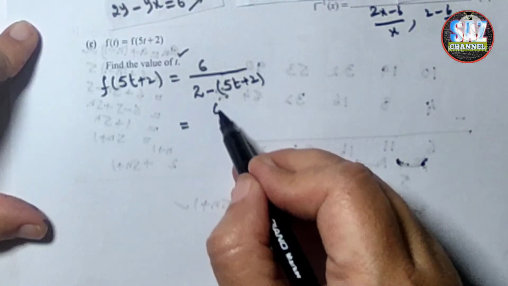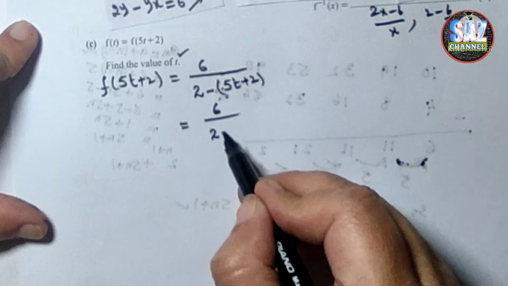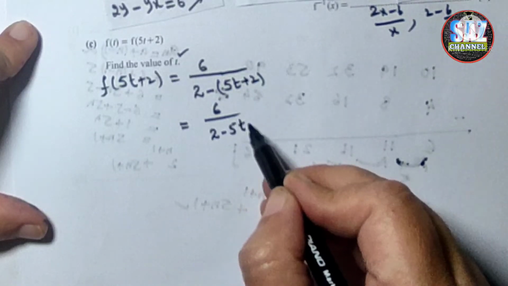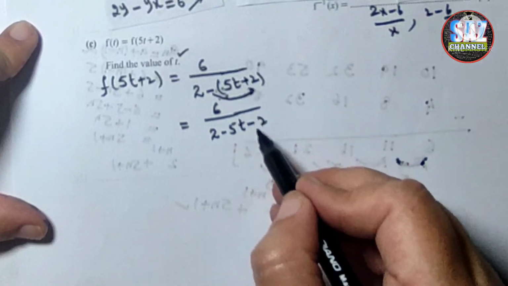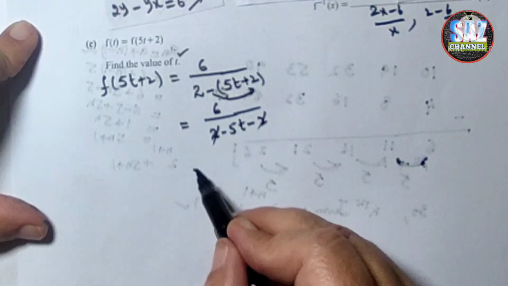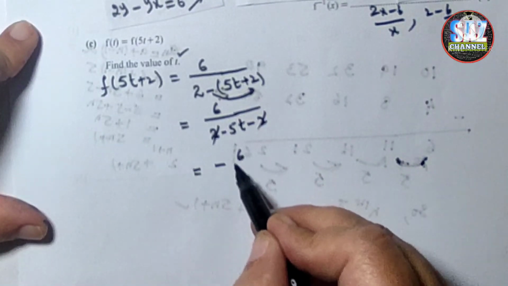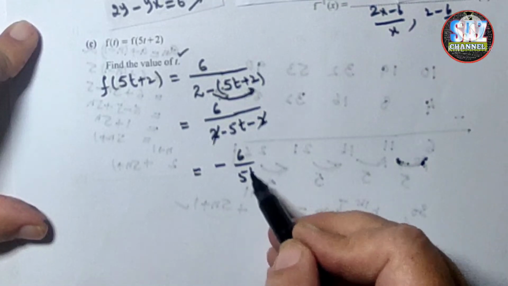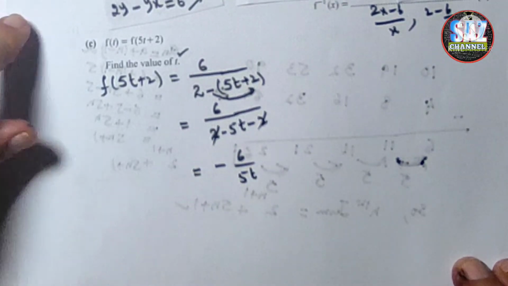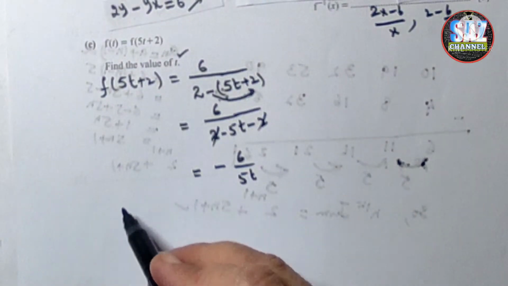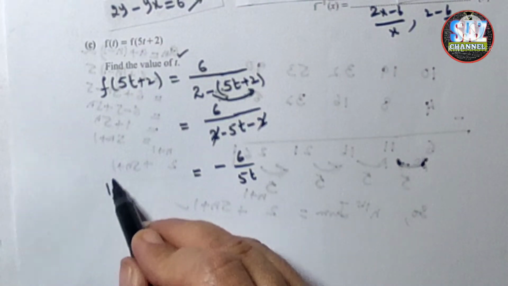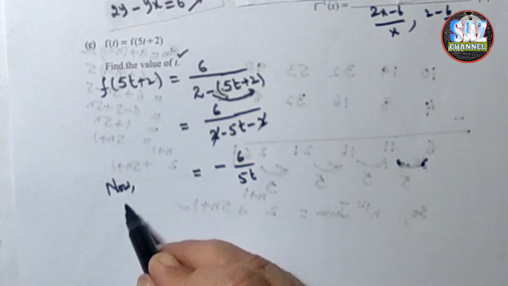It will become 6 over 2 minus 5t minus 2 minus 2. This goes with this, and I will be left with minus 6 by 5t. And then what we have to do is find f of t.